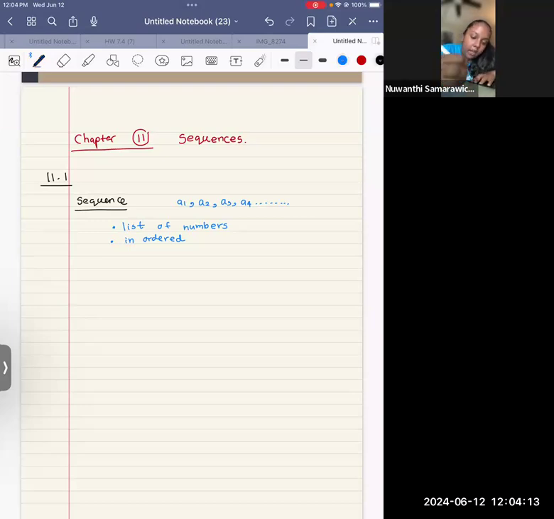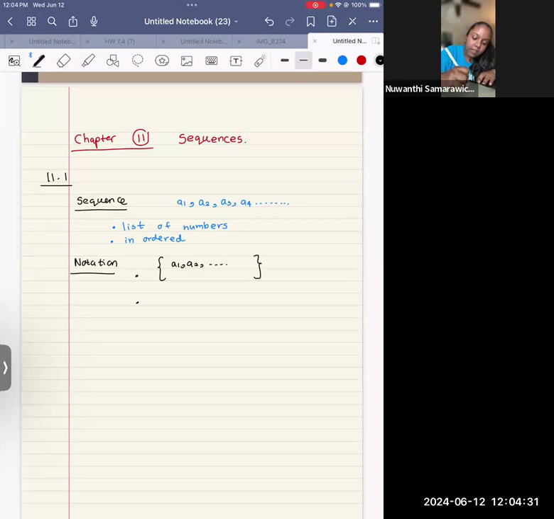So let's see how to write a sequence. For the notation, we write in curly brackets: A1, A2. This is one way of writing a sequence.